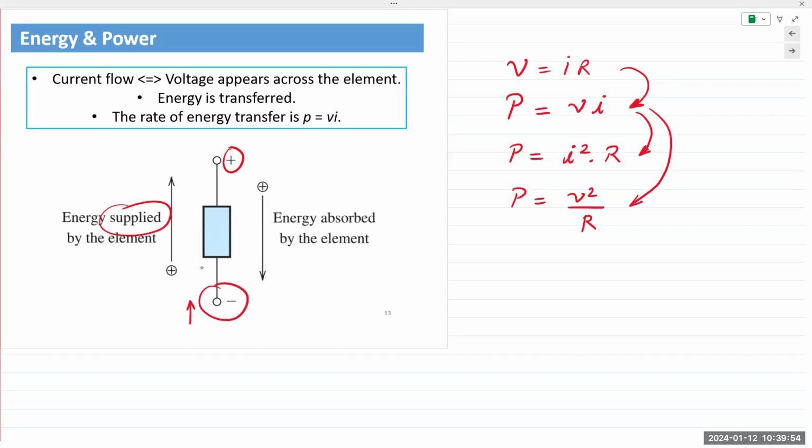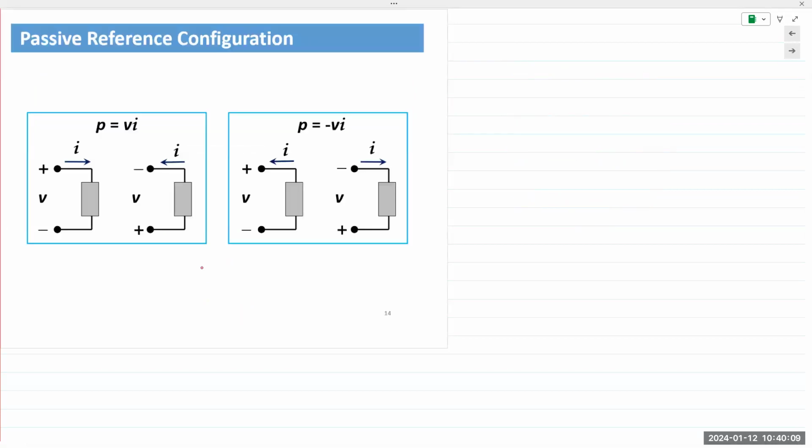If it enters the negative terminal, then power is negative, energy is negative. Make sense? So if power is positive, you use the equation P equals VI. If it's negative, use minus VI.